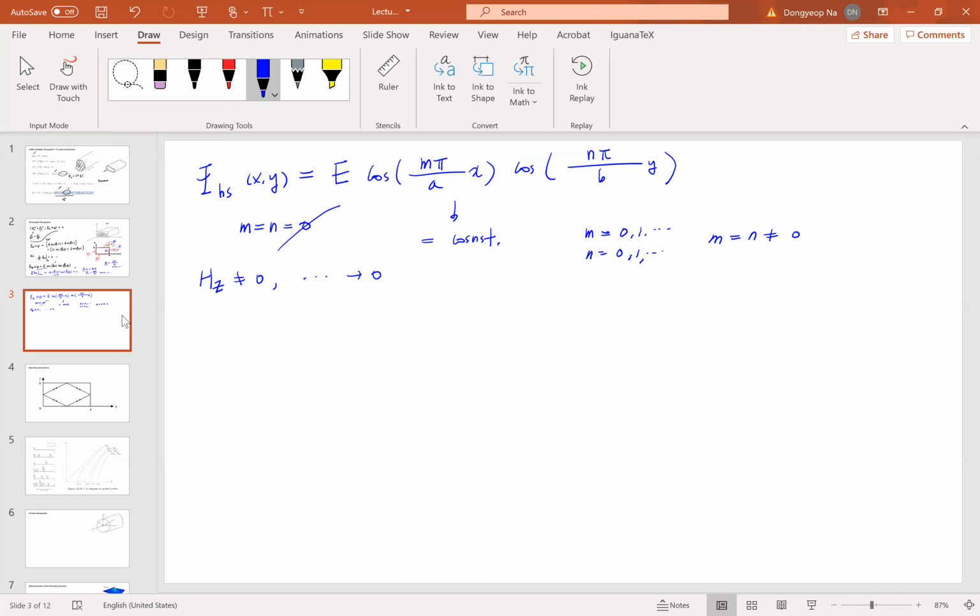So this mode is called the TE mn mode. Then our wave number was given in this way.